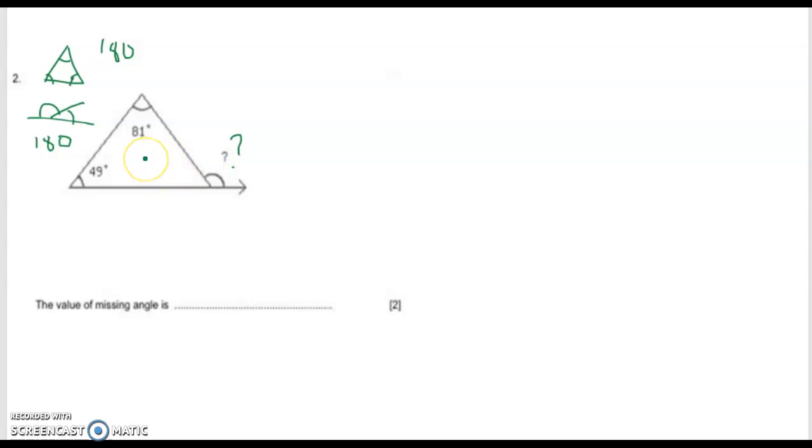For example, to find that, first of all, we should find out this angle. Let me say this is x. You can give any alphabet. So x plus 81 plus 49 is equal to 180.